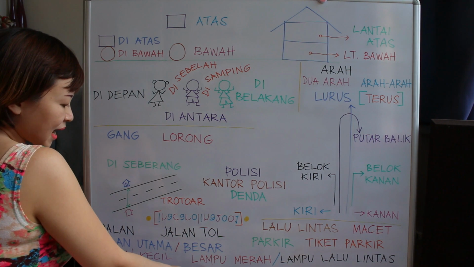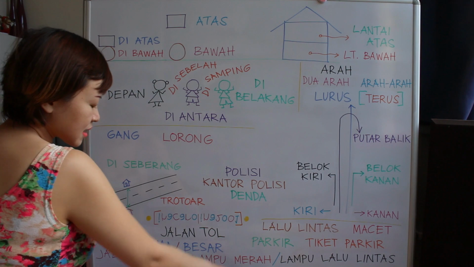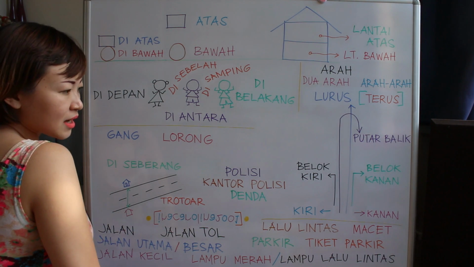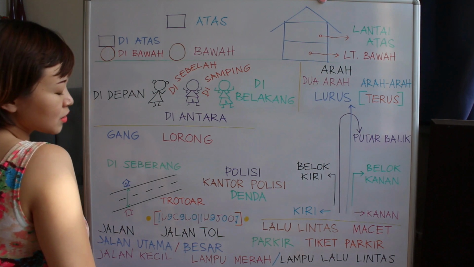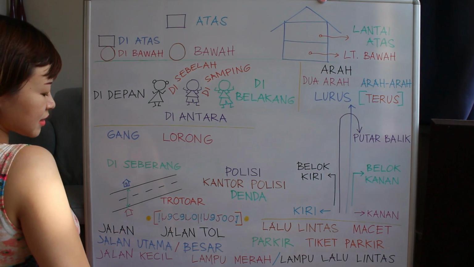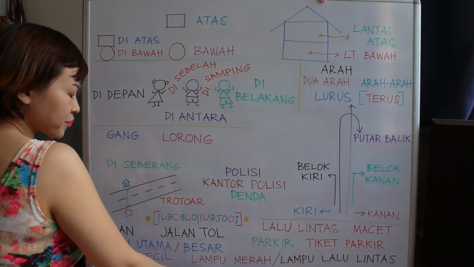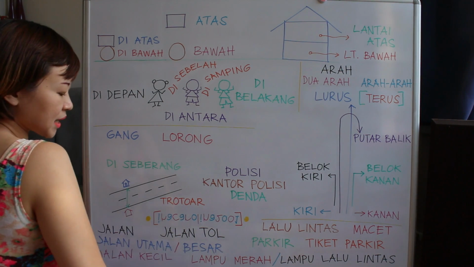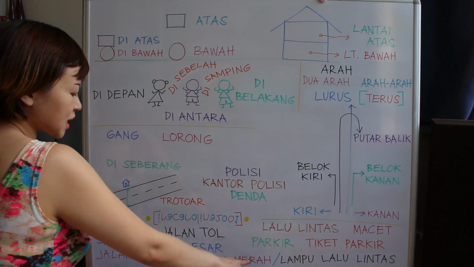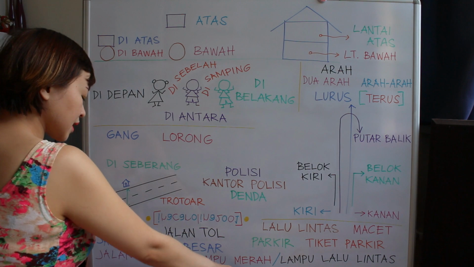Lampu, light, merah, red, red light. Even though we have other colors, we say it as red light. Lampu merah. The light first, and then the merah. Red. Lampu merah. Light red.